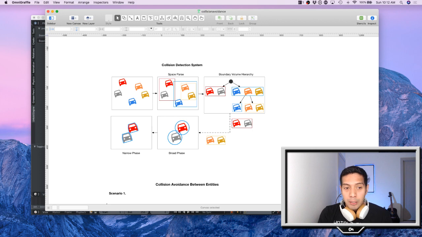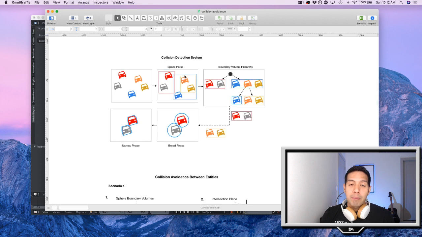All right, so the collision detection system is basically divided into two parts. The first thing that I do before I do anything is I parse the space of the scene. So for example, let's say that my scene in the game has a bunch of these characters, these cars.